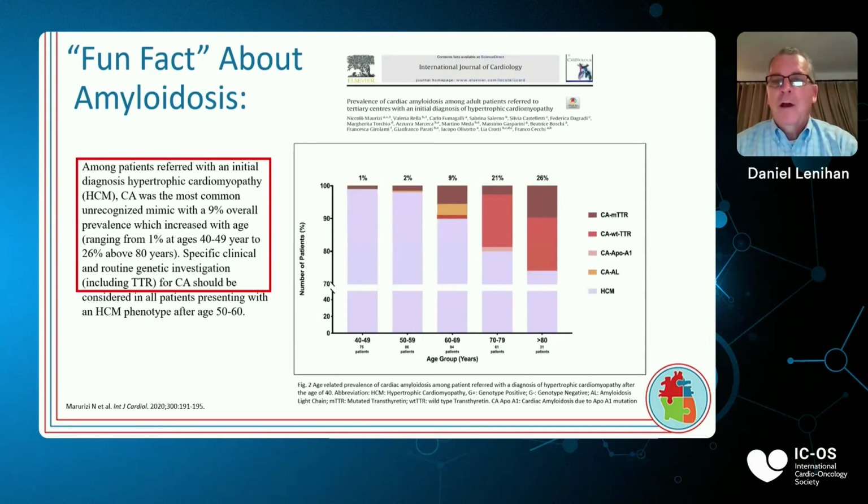And then one other detail that I think is certainly interesting is that this was a paper a couple of years ago where it was patients that were referred to a hypertrophic cardiomyopathy center, and they looked at the cause of hypertrophic cardiomyopathy in those patients. And what they ended up finding is that over 9% overall had evidence of cardiac amyloidosis.